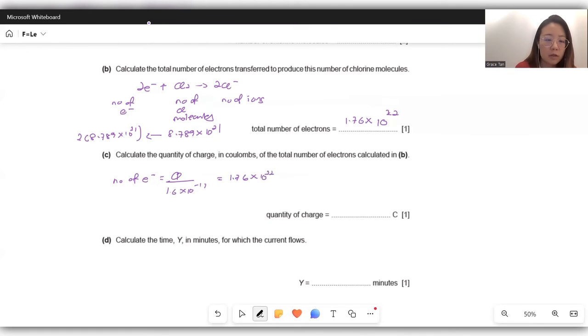So the quantity of charge is 1.76 times 10 to the power 22 multiplied by the electronic charge, which gives 2813, around there. If I use the full number, 2816.